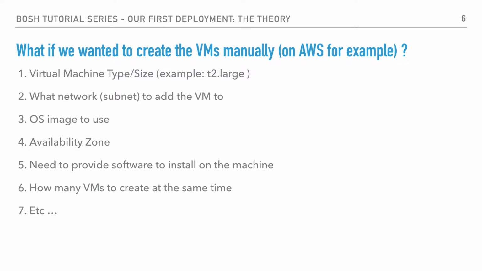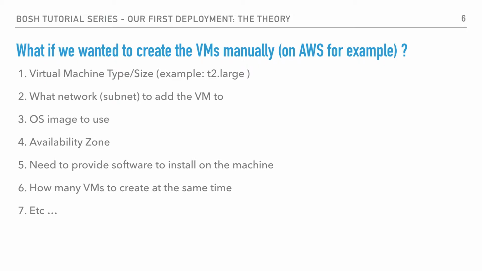We also need, if we want to install software in those VMs, to provide that software somehow after we create those VMs. Maybe we want to SSH and then SCP this software into those VMs and run it. We also probably want to know how many VMs we want to create at the same time.